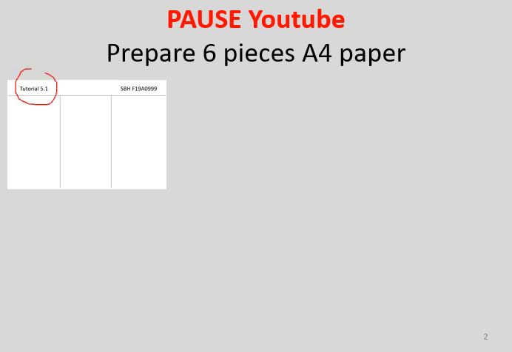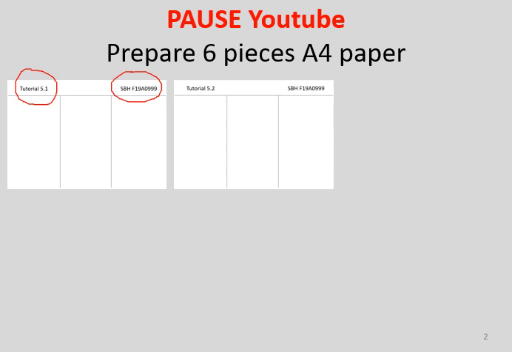What should you write or draw inside these papers? Here, you're going to prepare the first paper. So you have the boxes drawn there, and then we come up with the title, tutorial 5.1, and then your student ID. Same goes to the second piece of paper.